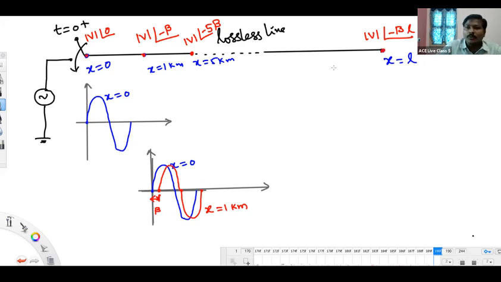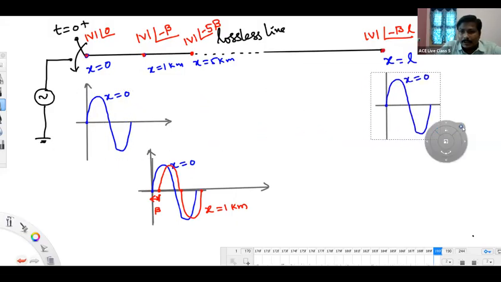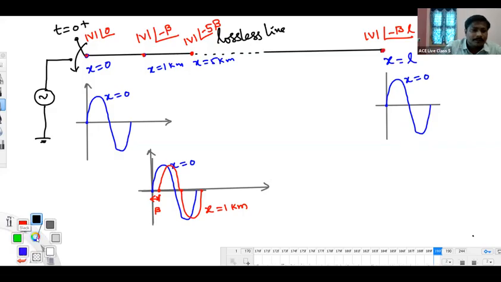Going towards the end, as a reference I am taking the x equals 0 wave first. The x equals L kilometer wave, with a shift of beta L, I might get something like this.